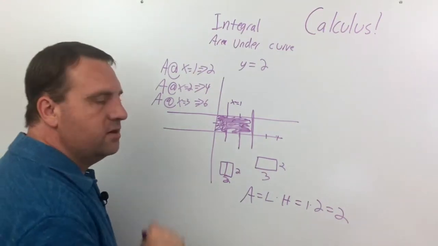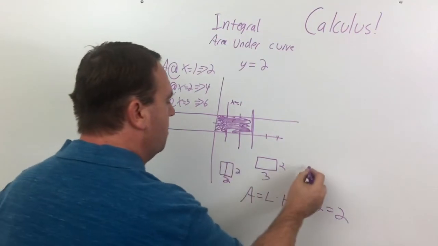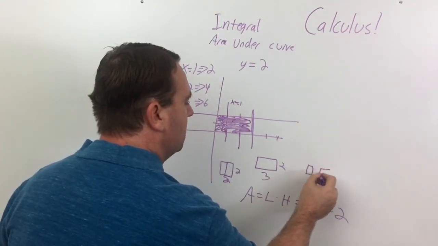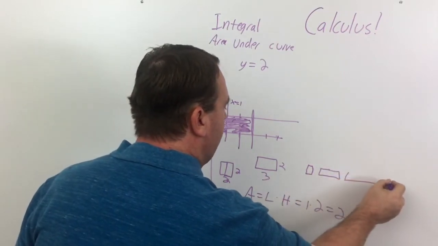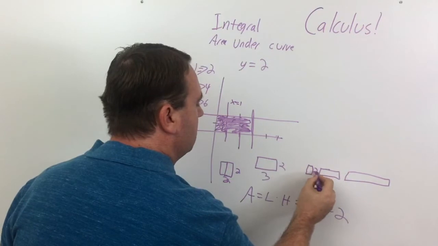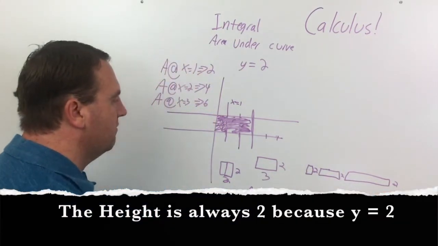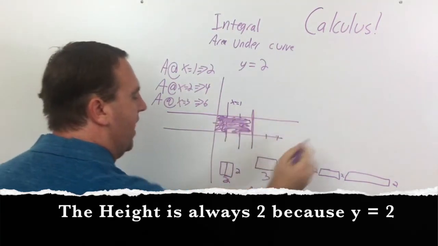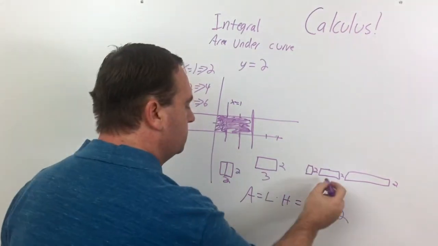Okay, and so we can understand why this occurs, because think about this. On all of our different shapes, what is the height of each one of them? They all have the exact same height. They are all 2 high. Every single one of them, because y equals 2 sets our height at 2. And so what is the base?